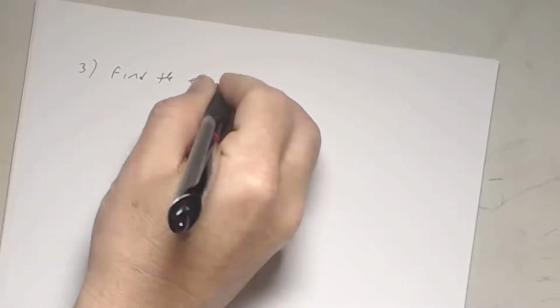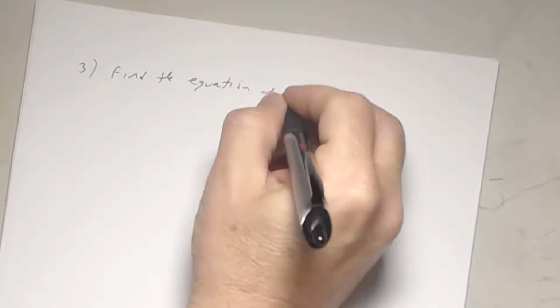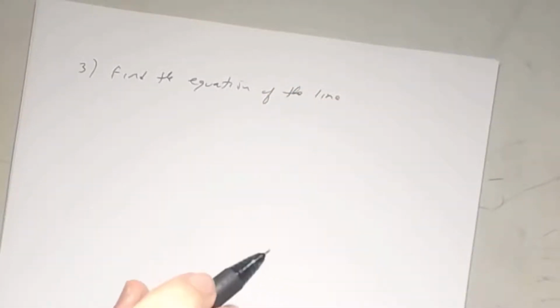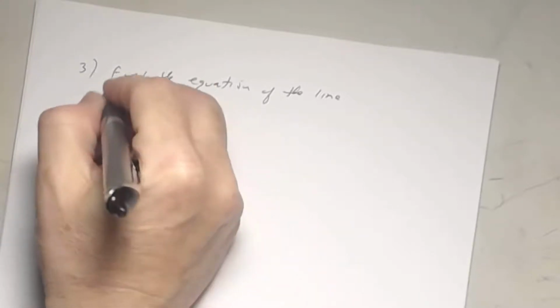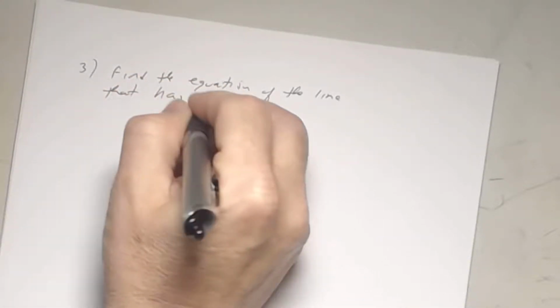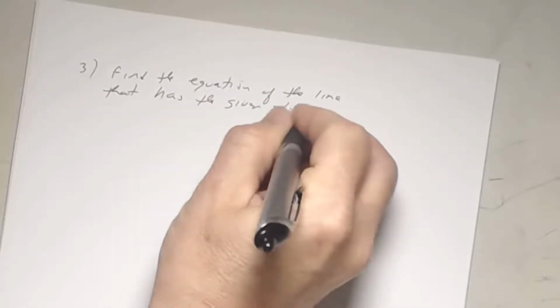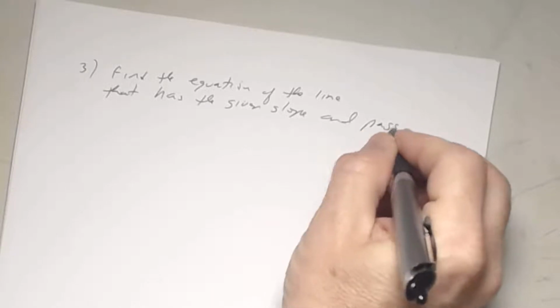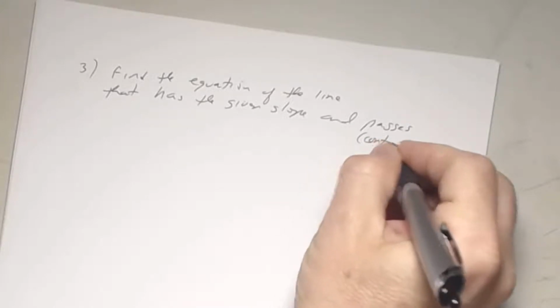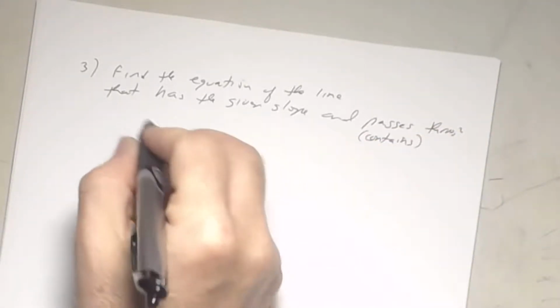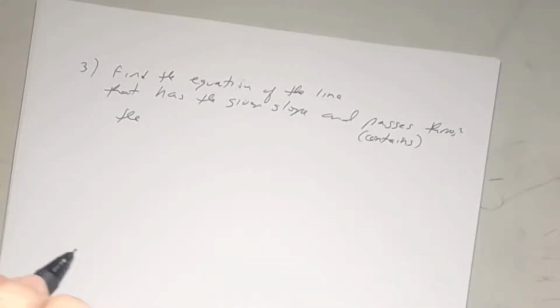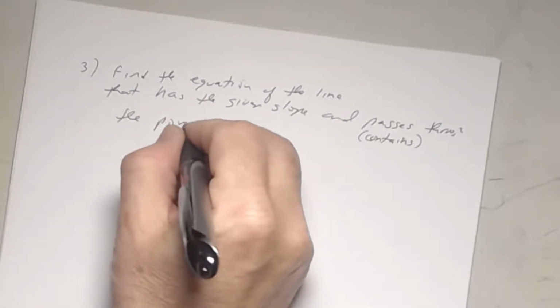Find the equation of a line that has a given slope and passes through or contains, sometimes they'll use the word contains, or passes through the point, and let's say the point is -3, 2.